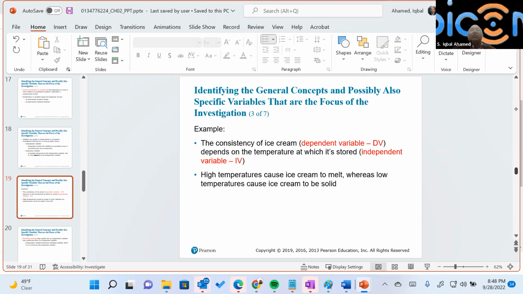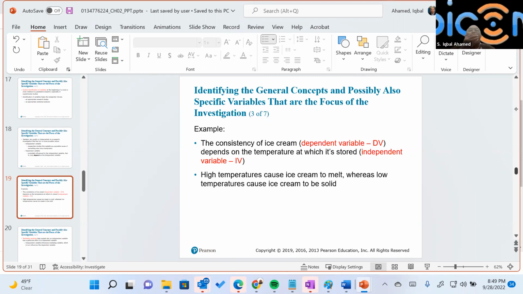The independent one is where you are storing it. If you increase the temperature, what will happen? It will melt. So you see, it has direct consequences, right?